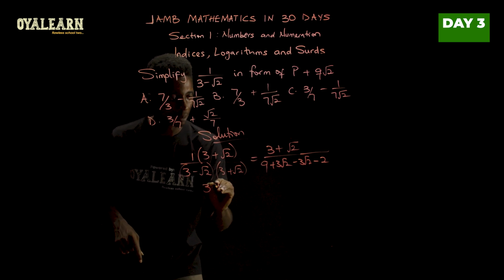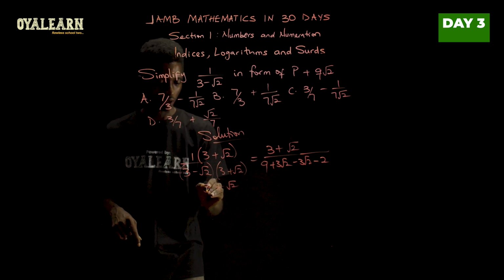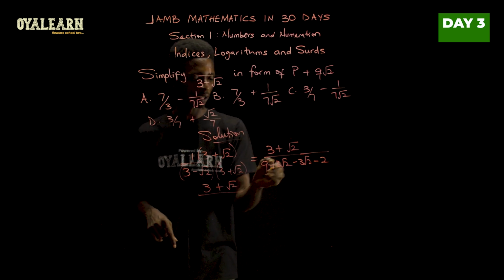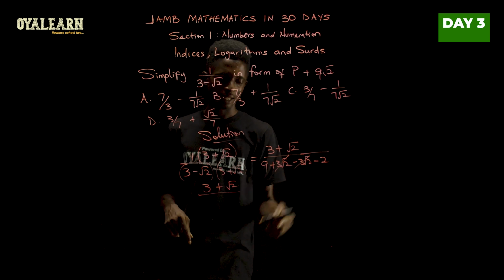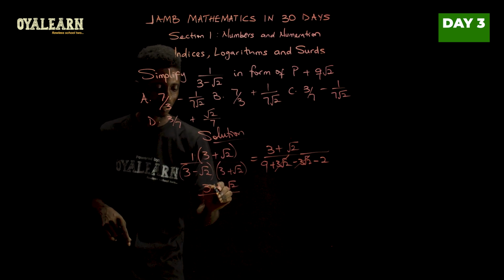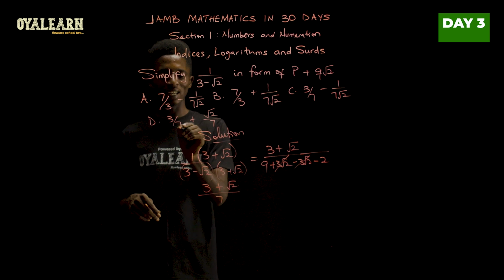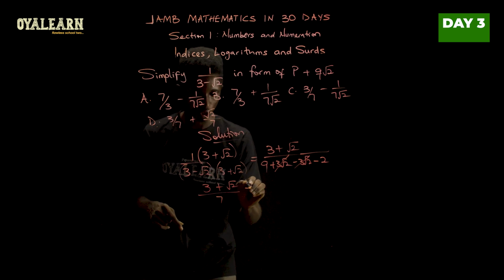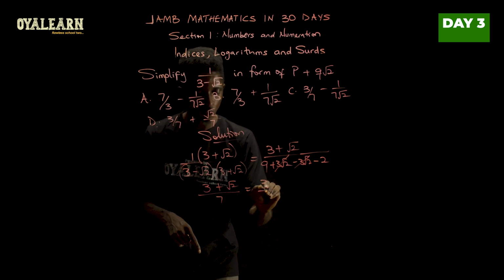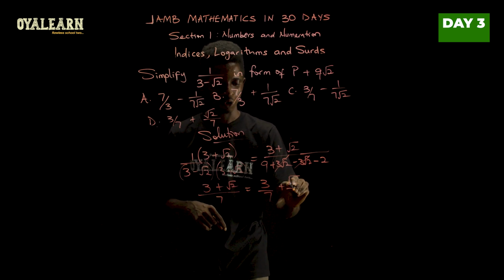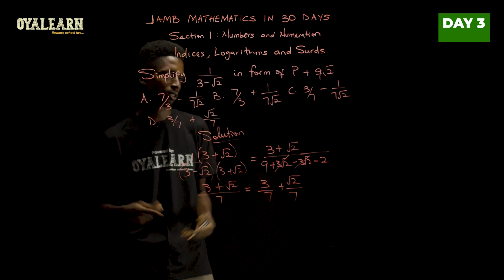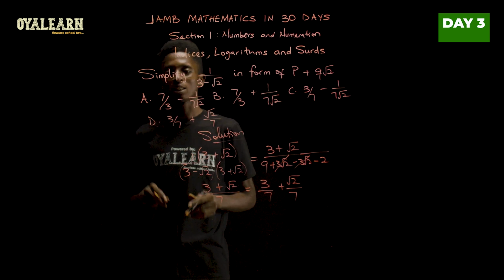So now we have 3 plus surd 2 over, now this and this gives us 0. Now we have 9 minus 2, and this gives us 7. So we see that the answer is D. But let's finish it up. So here we'll then have 3 over 7 plus surd 2 over 7. And that's the solution to this problem.